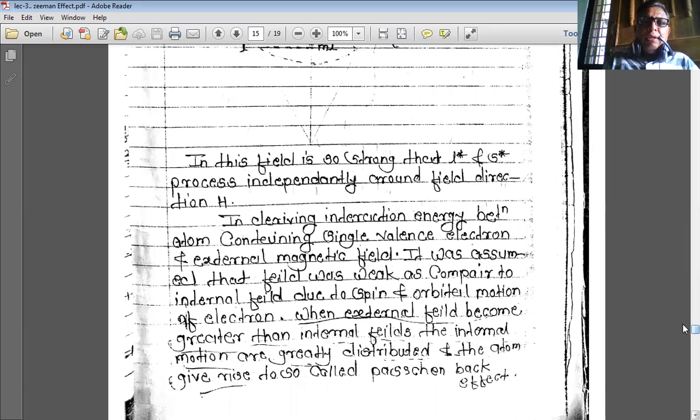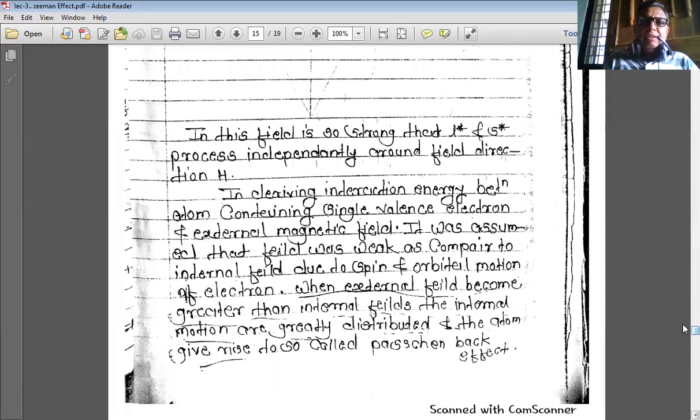So in deriving the interaction energy between an atom containing a single valence electron and an external magnetic field, it was assumed that the field was weak as compared to the internal field. It was assumed that the field was weak as compared to the internal field due to spin and orbital motions of the electron.